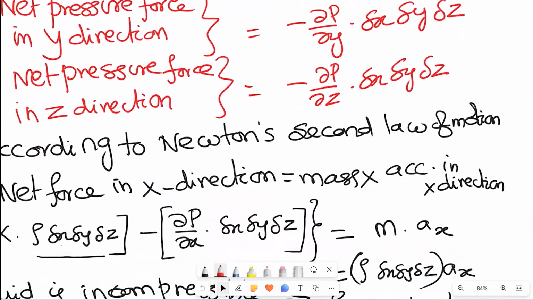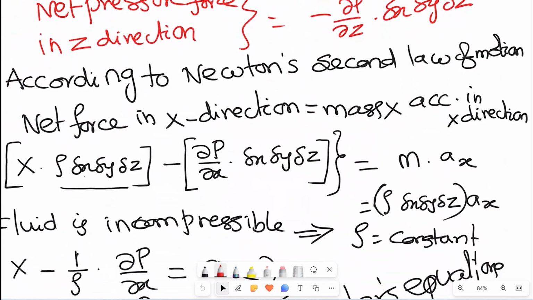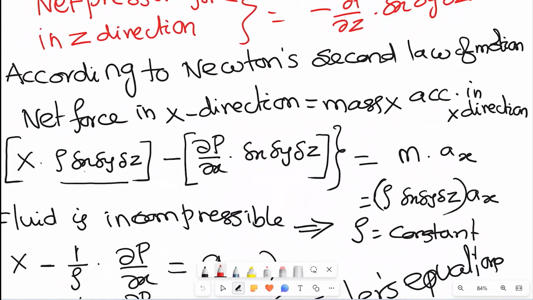Now, according to Newton's second law of motion, the net force in x direction is equal to mass into acceleration in x direction. So first one is the gravity force component in x direction, X into rho delta x delta y delta z, minus the pressure force component in the x direction, minus dou p by dou x into delta x delta y delta z.